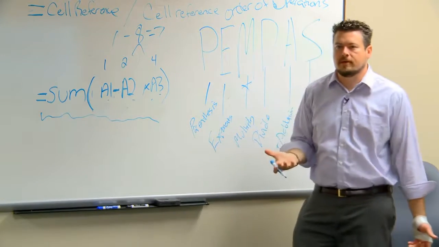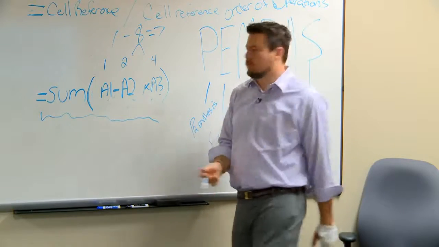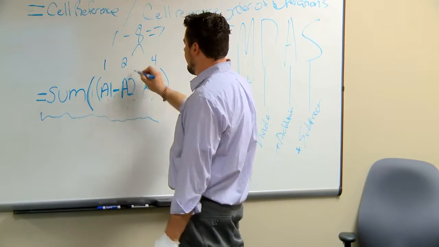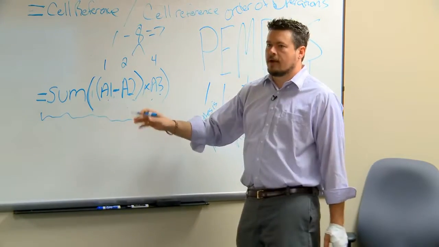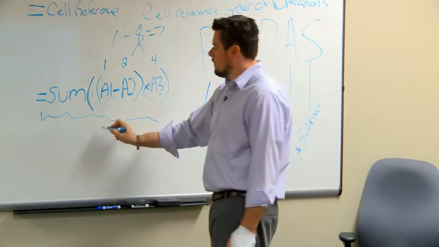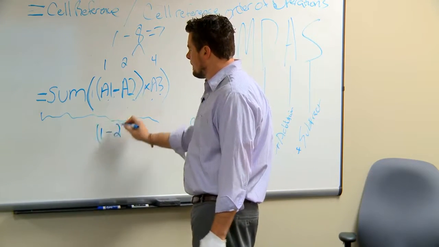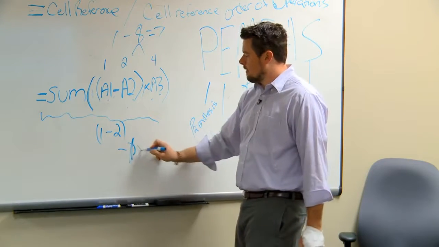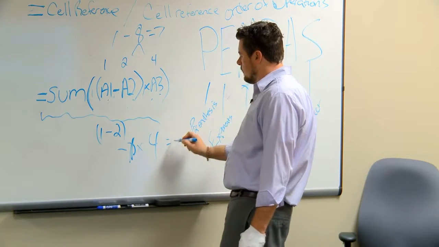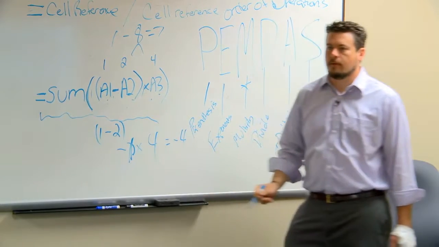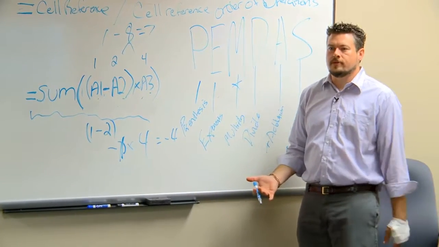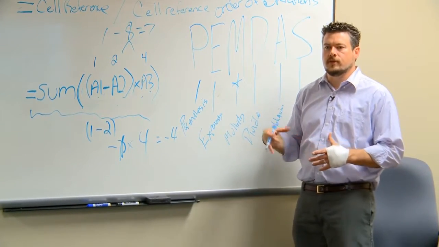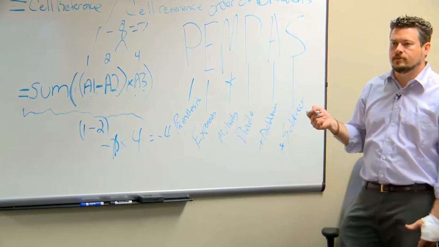That's what our answer would be. But if we inject parentheses into here, we know that we've got to first subtract 1 from 2, which would end up being a negative 1, then multiply that times 4, which would equal negative 4. It gives you a totally different answer just by putting in the parentheses and following along with order of operations.